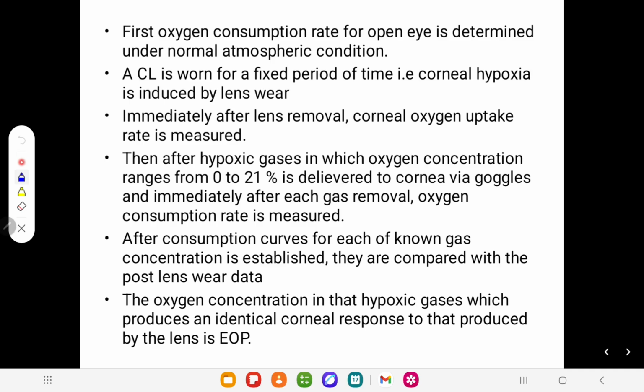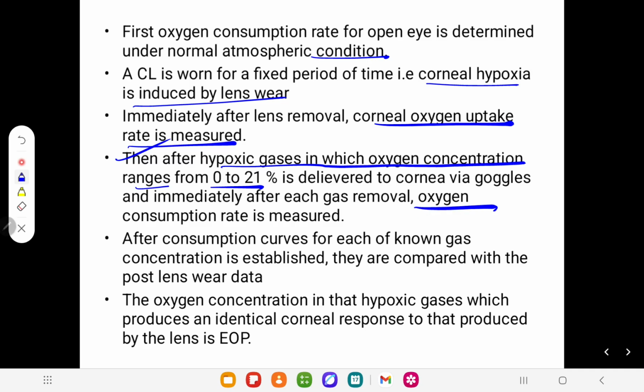First, the oxygen consumption rate of the open eye is determined under normal conditions. Then the contact lens is worn for a fixed period of time and corneal hypoxia is induced by the lens wear. Immediately after removal, the corneal oxygen uptake rate is measured. Then hypoxic gas, in which oxygen concentration ranges from 0 to 21 percent, is delivered to the cornea via goggles, and immediately after each gas exposure, the oxygen consumption rate is measured.